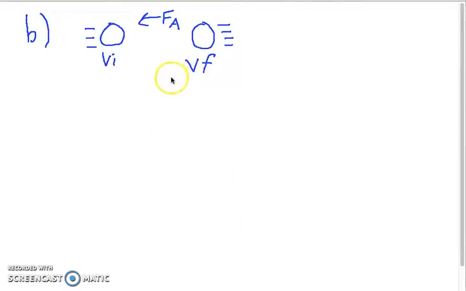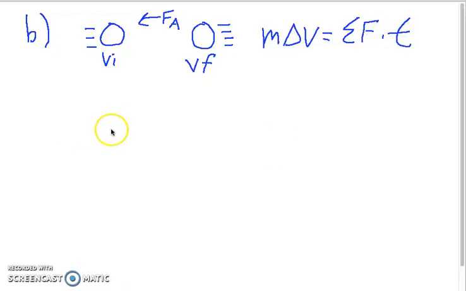So the way to find this would be to use the momentum impulse equation. What we have to do is find each one of these, so I'm going to expand it out a little bit. This delta V, remember, that's VF minus VI. So delta anything is the final minus the initial value.